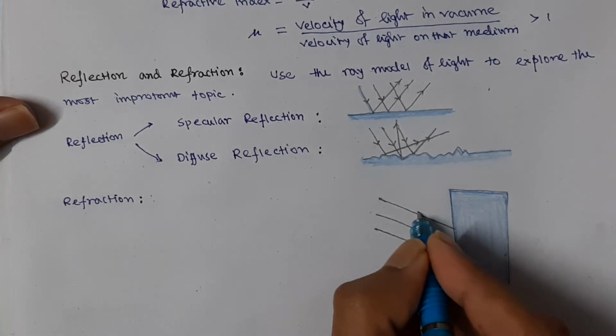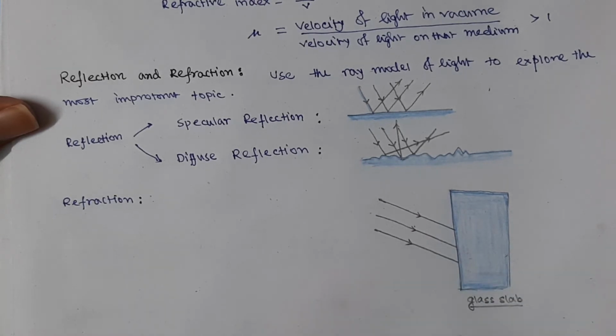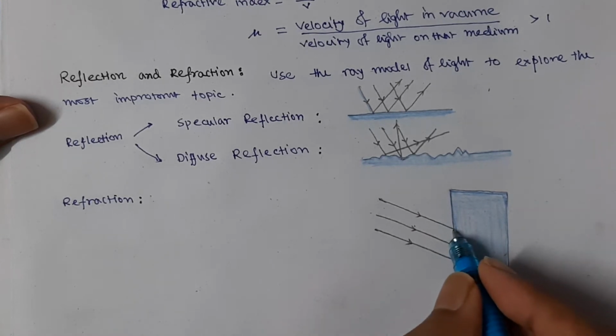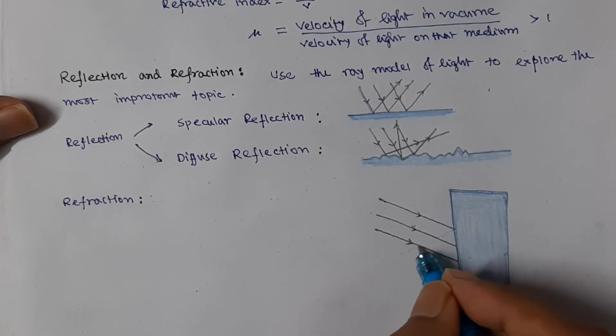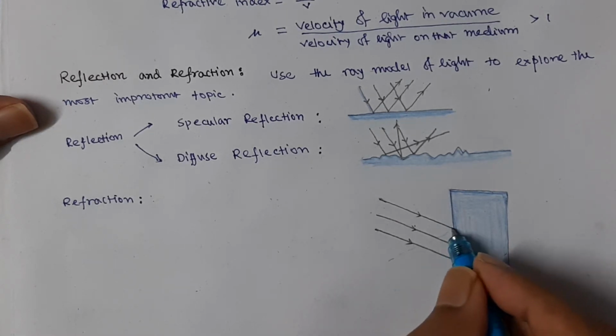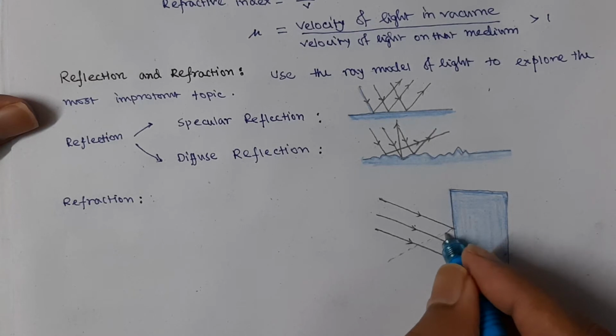This parallel light beam strikes the glass slab. Then what occurs? Some part of this light will be reflected from the surface, so we have to know that the intensity will not be the same.